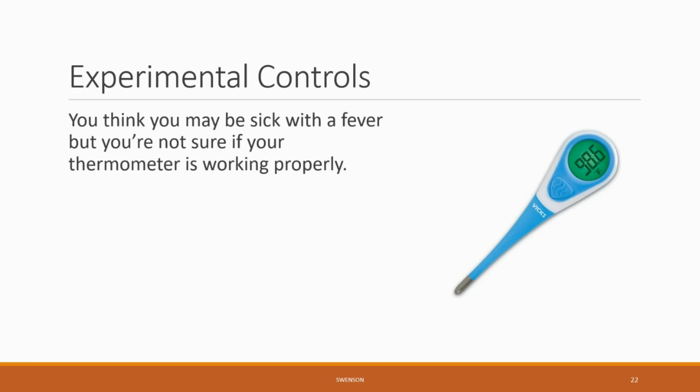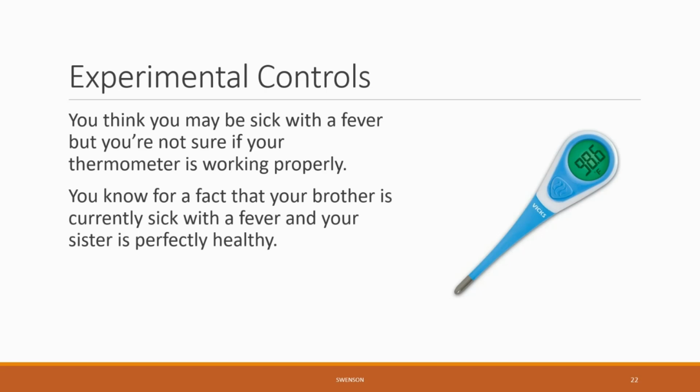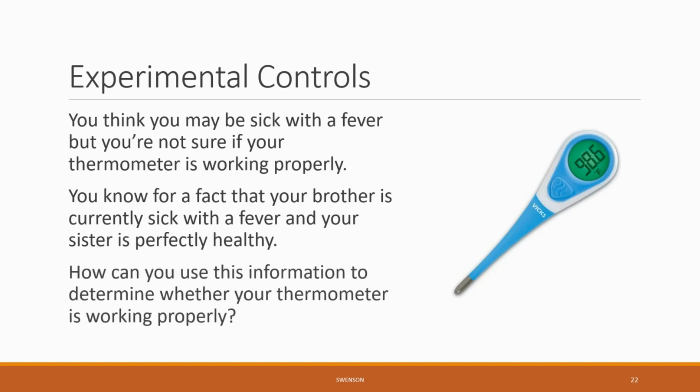In a sense, this is an experiment, and you may want to design controls to see if the experiment is working properly. If you know that your brother, for a fact, is currently sick with a fever and your sister is perfectly healthy, you could design a positive and negative control around this.